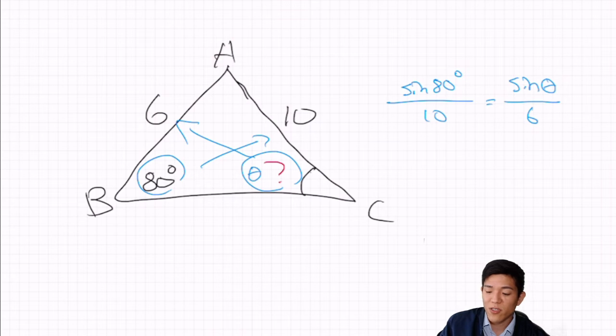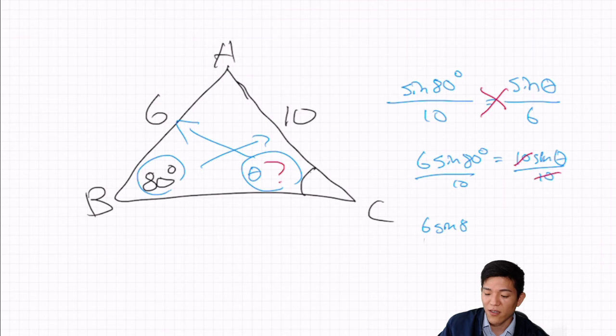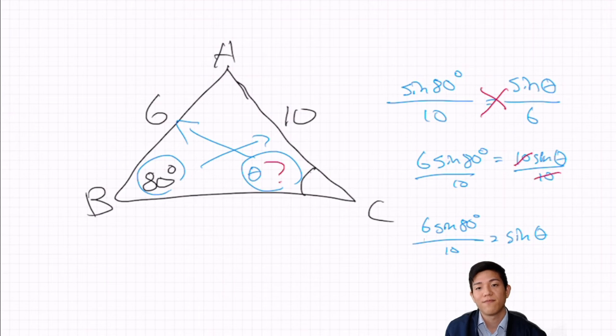And then we use cross multiplication again, which gives us 6 times sine of 80 degrees is equal to 10 times sine of theta. And we got to divide both sides by 10, which cancels the 10, and we get 6 sine of 80 degrees over 10 is equal to sine of theta, right?